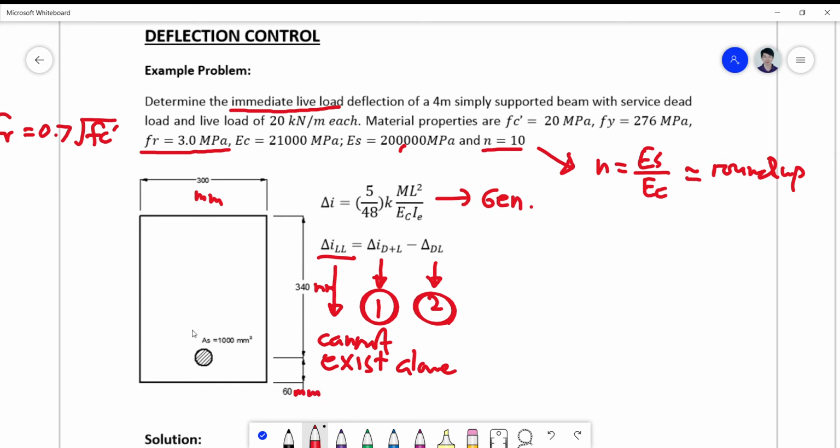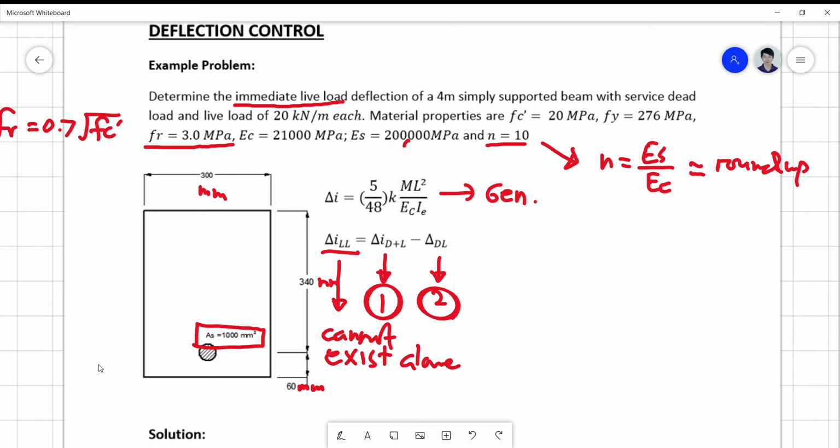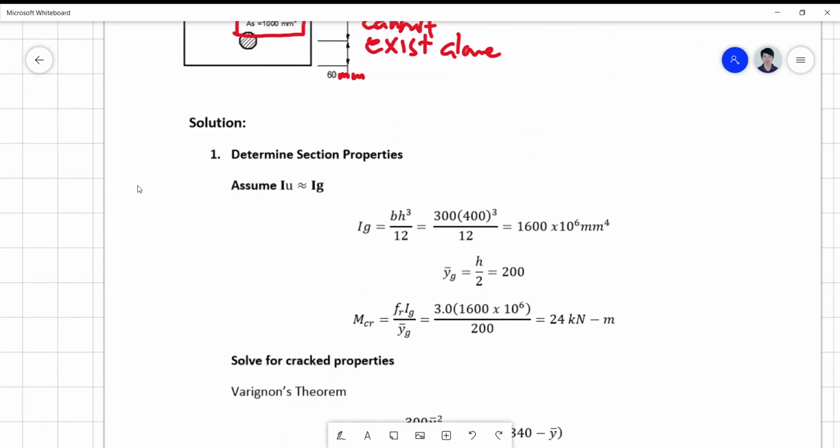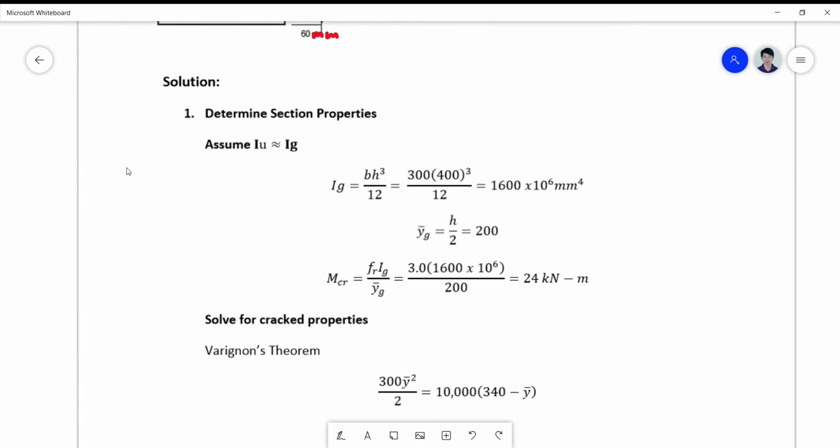And your As is given by the value 1000 square millimeter. Okay, so we can start the solution by determining the section properties first, assuming your uncracked properties to be the same as the gross properties.